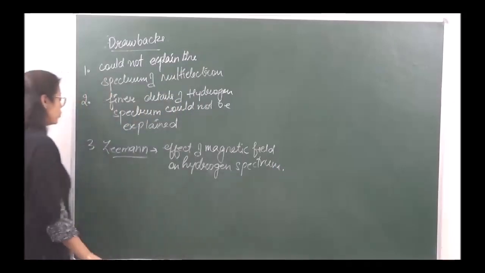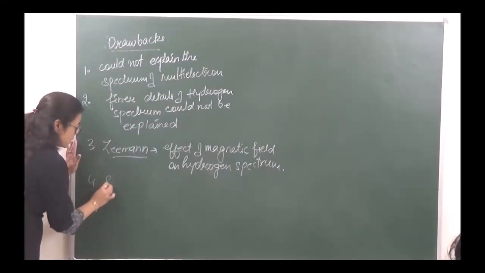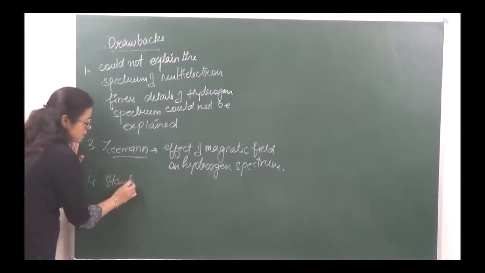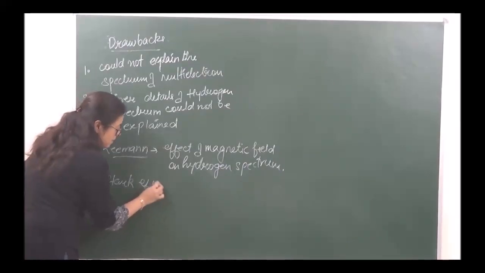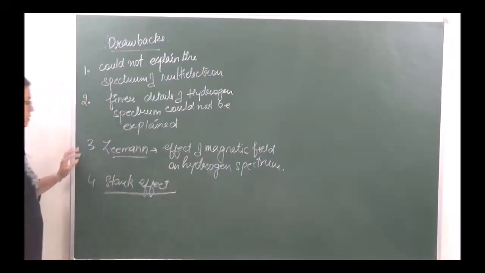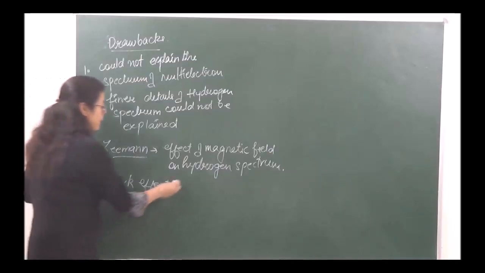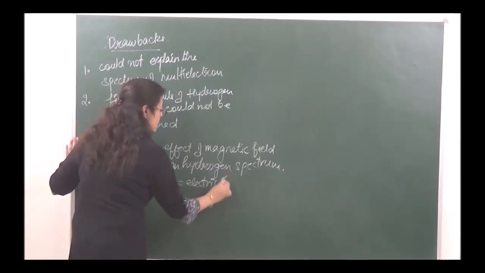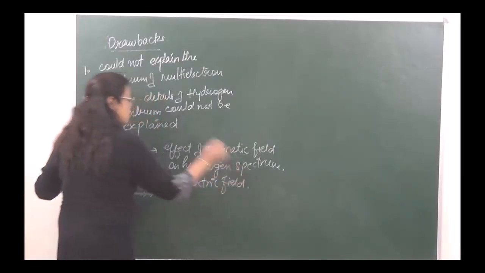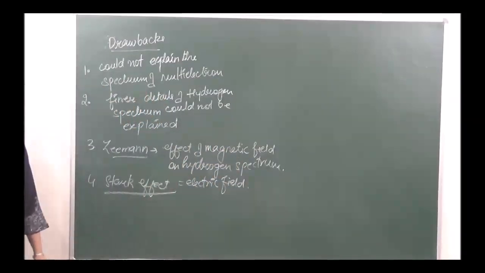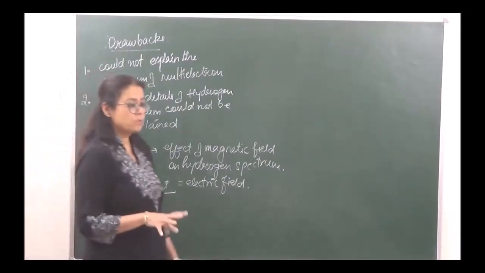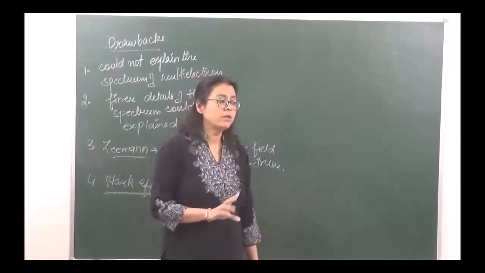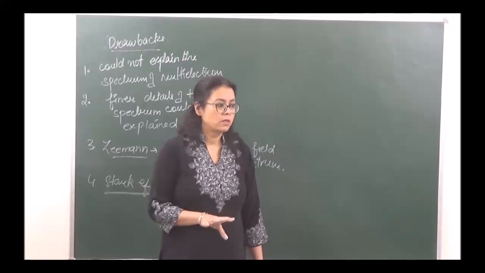Okay? And he could not explain the Stark effect. Stark effect is the effect of an electric field. Right? So this was Bohr's model. In the next lecture we are going to do questions on this. Okay?